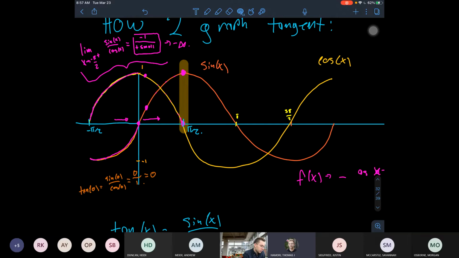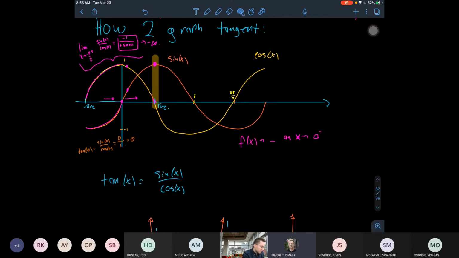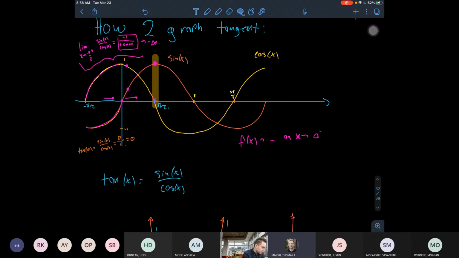And at places where sine is positive and cosine is 0, on the left side we're going to be going up, and on the right side going down, okay? That's the best intuition that I can think of for these guys.